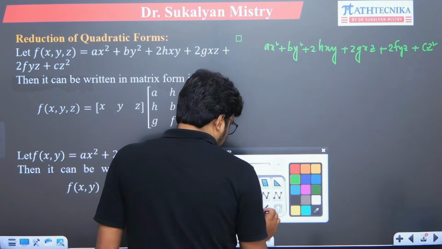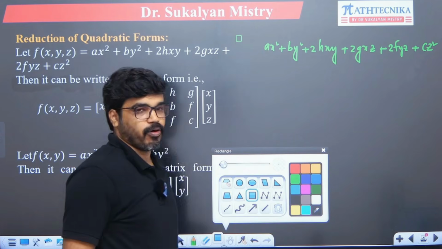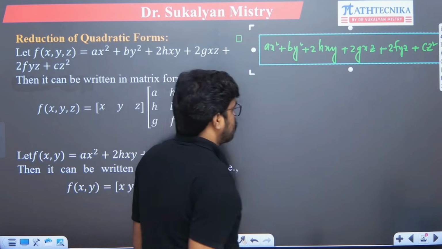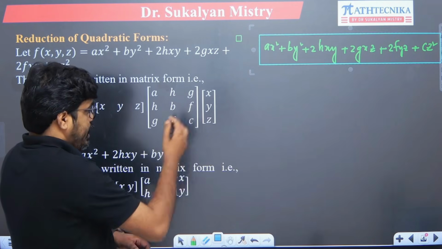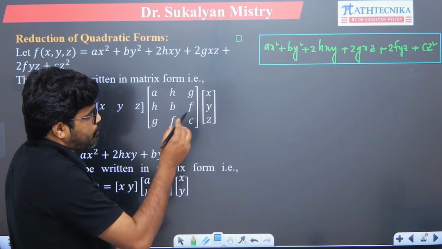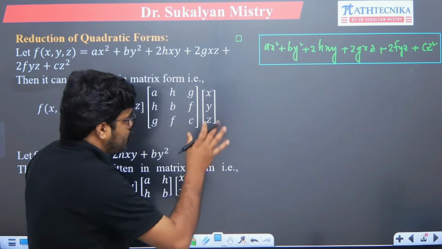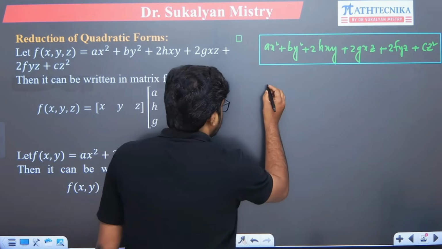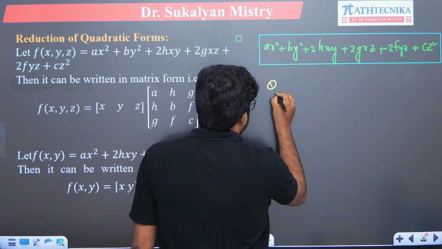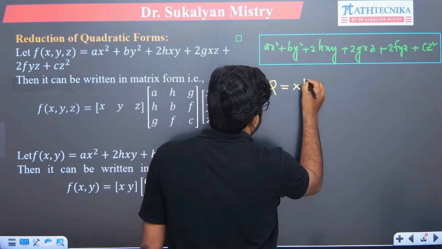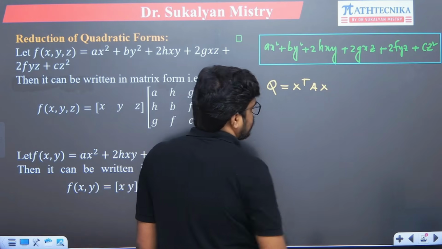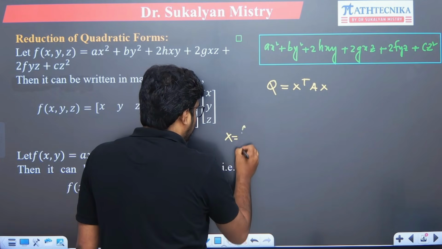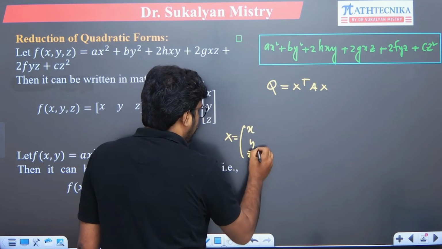Suppose we consider this quadratic form, ax square plus by square plus 2hxy plus 2gxz plus 2fyz plus cz square. So if we want to express it in matrix form, that is q is x transpose Ax, right? So here what is x? Here the variables are x, y and z.